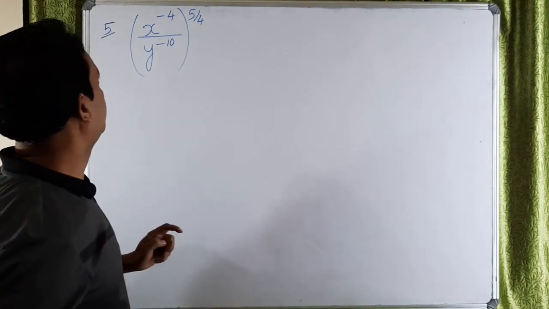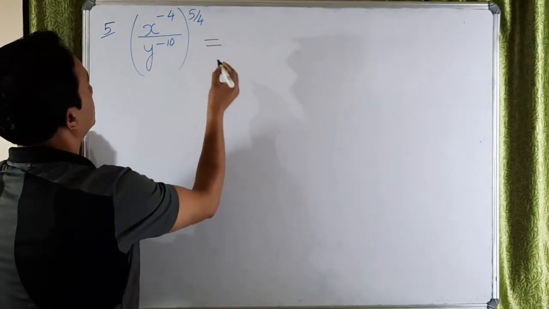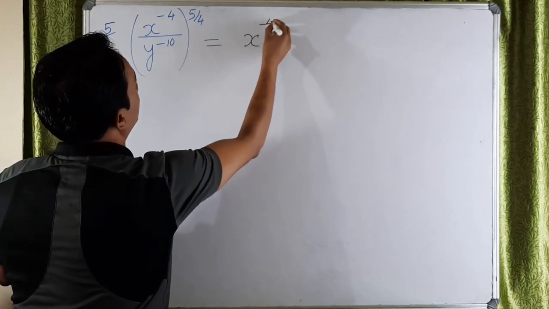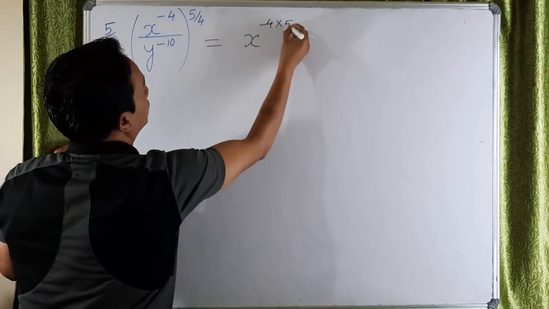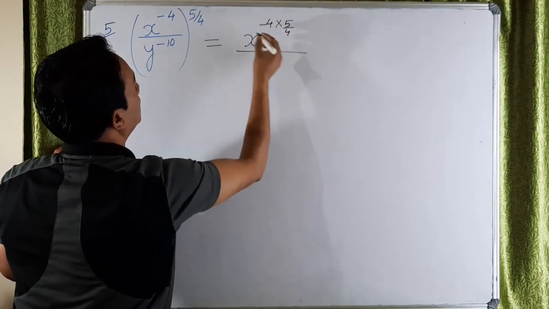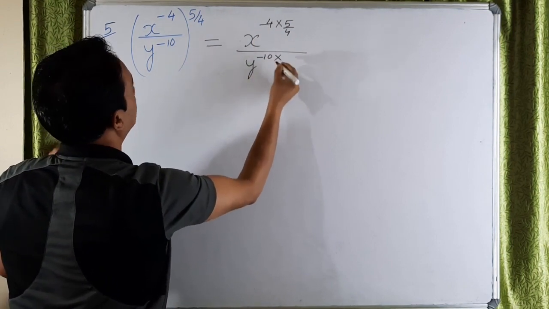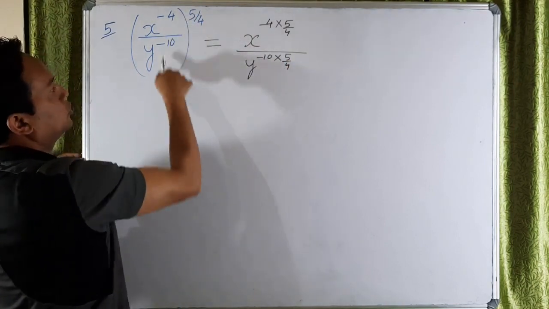Now let's do number 5. Here, this can be written as x to the power minus 4. This power 5 by 4 belongs to both, so we can distribute it into 5 by 4. And below, y to the power minus 10 into this 5 by 4. So I have distributed the power to both.